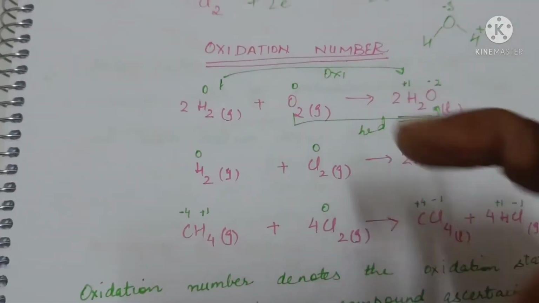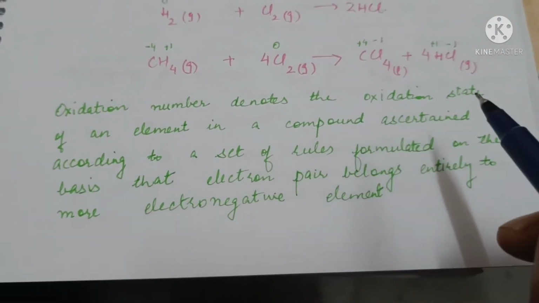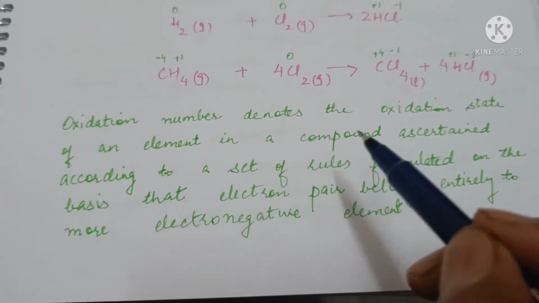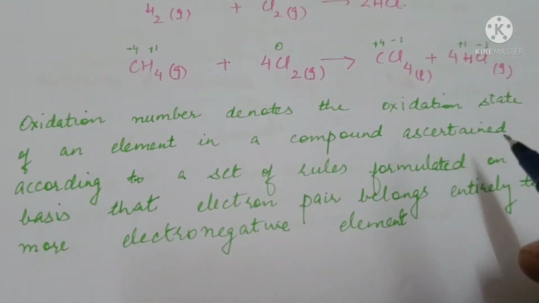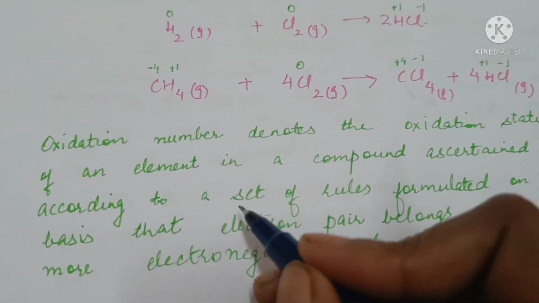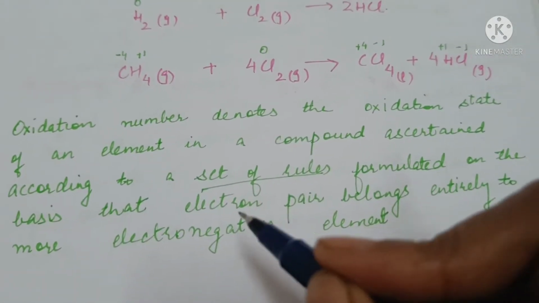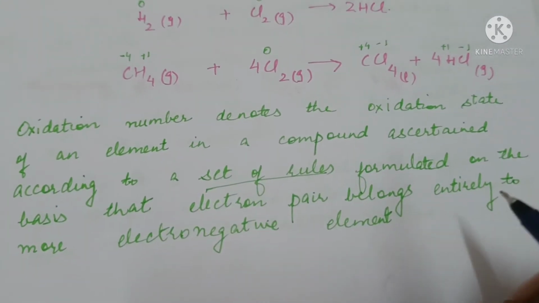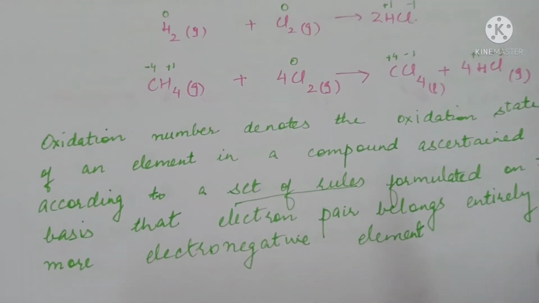So accordingly, we can define oxidation number. It is the oxidation state of an element in a compound which is ascertained according to a set of rules formulated on the basis that the electron pair belongs entirely to the more electronegative element.